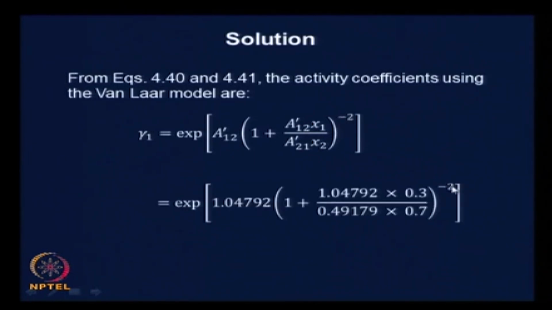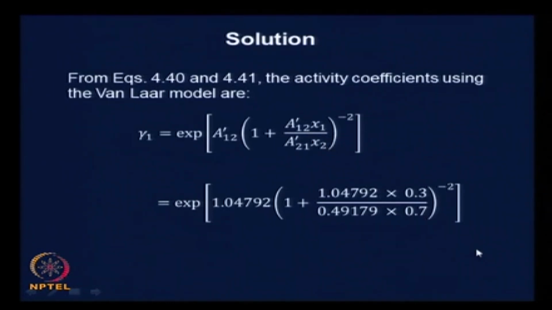If you substitute the values which have been given, it turns out to be exponential of 1.04792 for A12 dash times 1 plus 1.04792 times 0.3, which is the mole fraction of isopropanol in the binary solution, divided by 0.49179, which is the constant A21 dash in this model, Van Laar model, times the mole fraction of water 0.7. 1 for isopropanol, 2 for water.